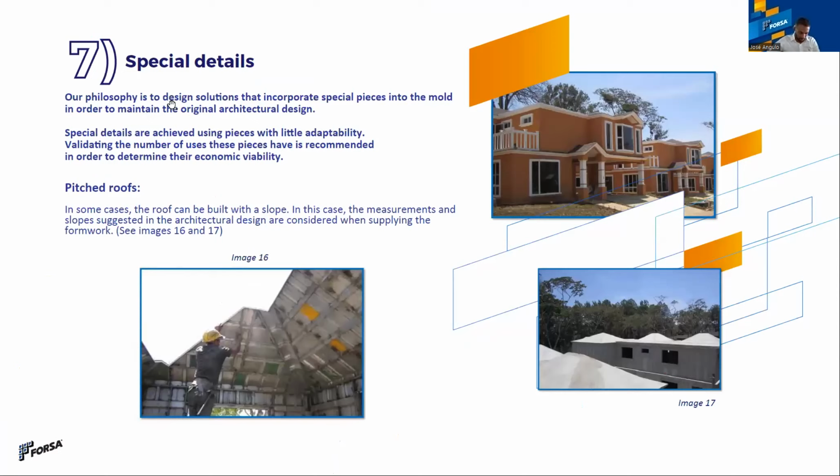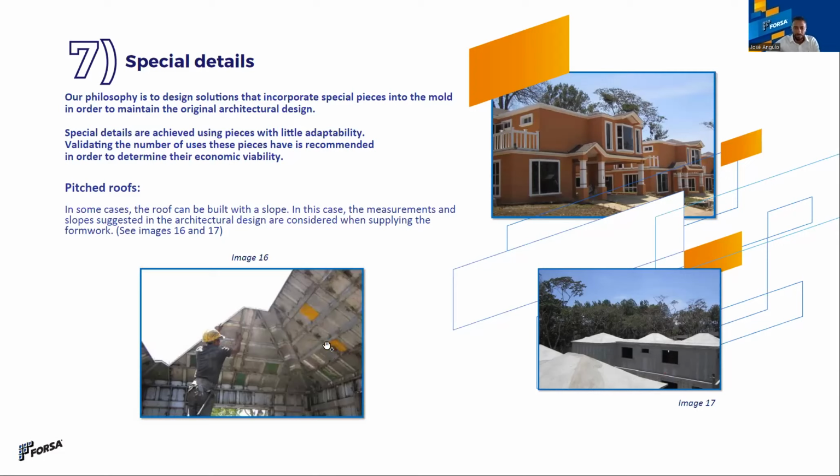Special details. Here, about these special details, we are going to check the Forza system, and here I have to talk especially about Forza. Forza system has special advantages. I know other systems try to cover as much concrete as possible, but we are able to keep in mind, for example, things like these borders at the slab, these borders at the windows, the columns, the upper part of the column, the detailing itself.